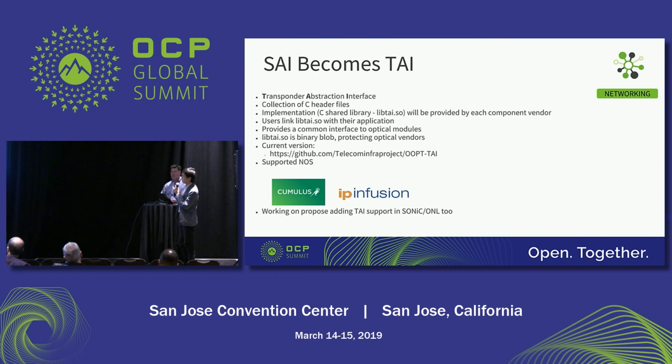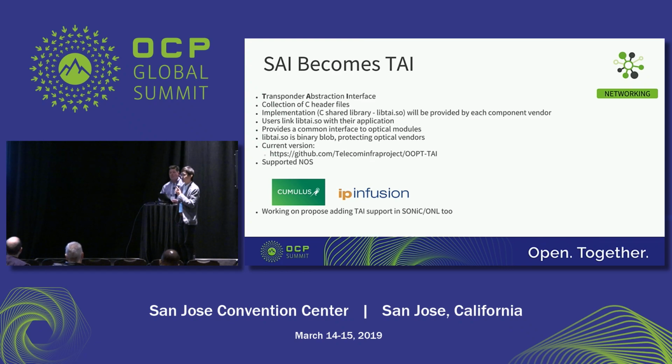The current version is also already open source. So if you go to TIP's GitHub site, you can see what is in there. And it's already used in production NOS. So Cumulus, which supports Voyager, is using TAI inside their NOS.